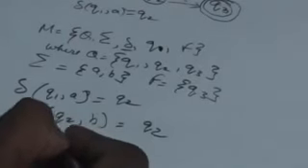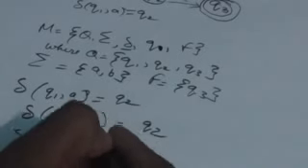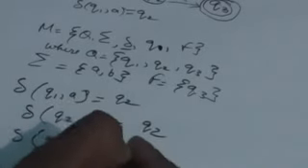Delta(Q2, A) = Q3. So it is a graphical representation and this is the mathematical representation.